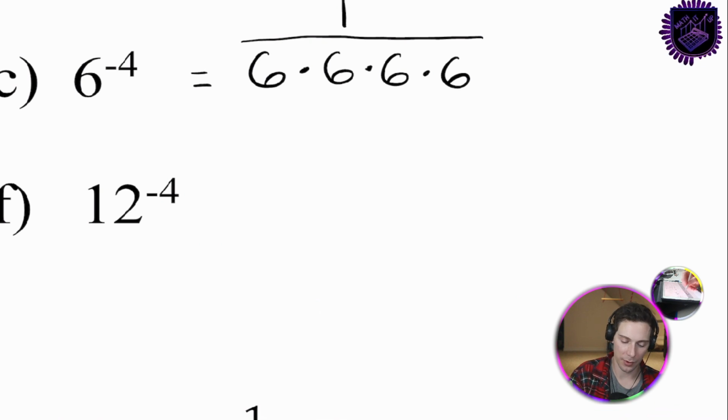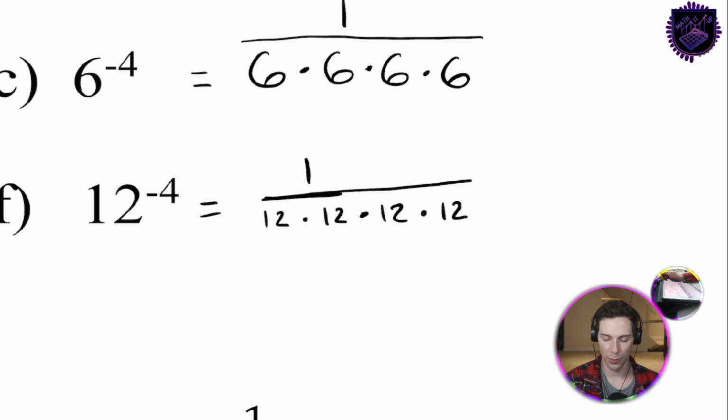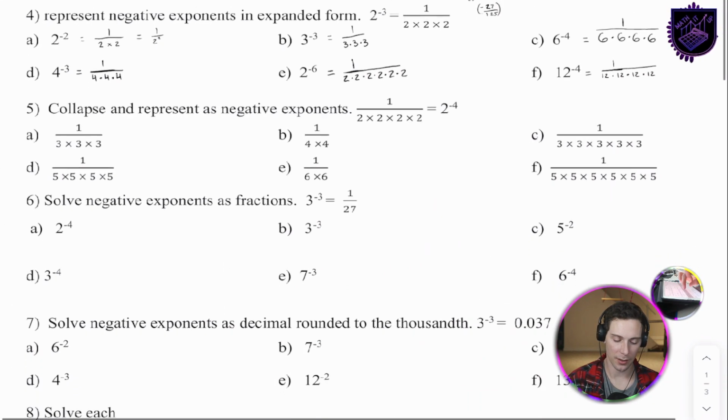This multiple negative exponent, 1 over, the base is 12, 12 times 12 times 12 times 12. That is going to be a low number. Very low decimal number. Okay, next one.